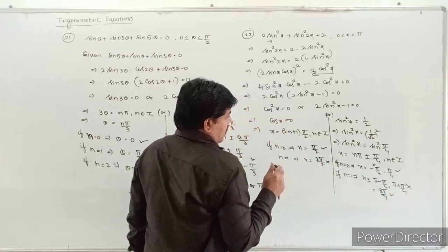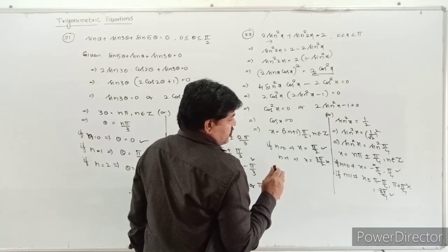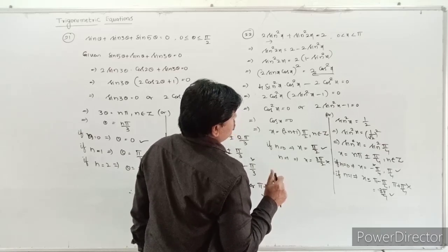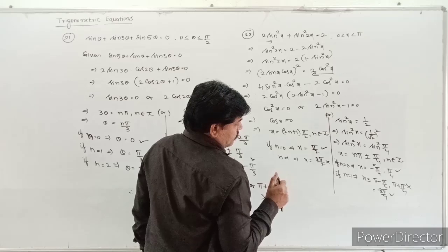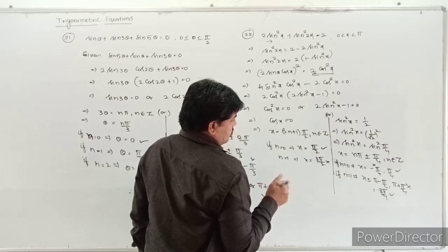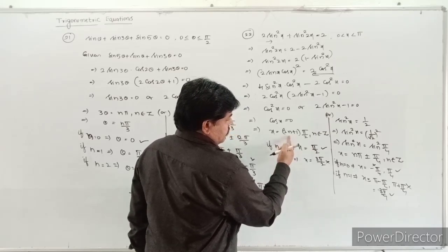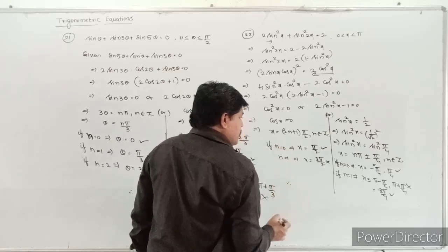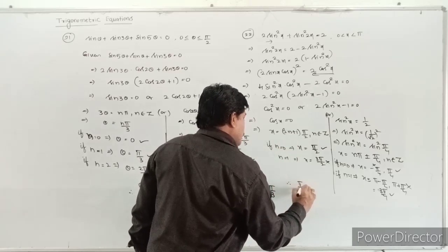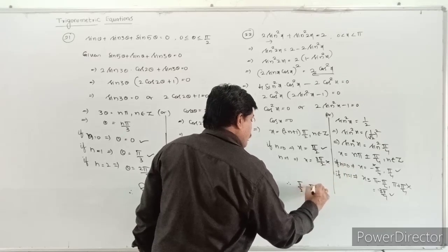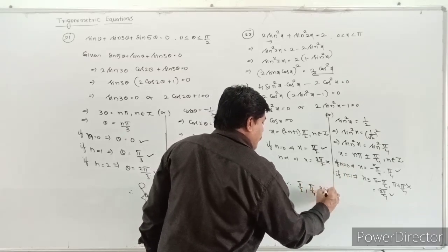These values are coming here. Therefore what is the solution, students? It is pi by 2, comma, pi by 4, comma, 3 pi by 4.